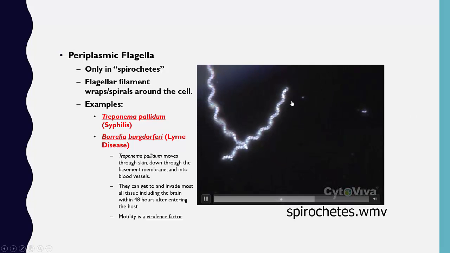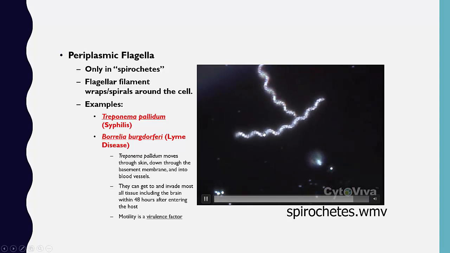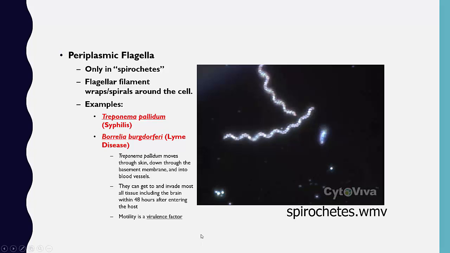Now, here's a close-up view, and you can see how the periplasmic flagella are wrapped inside, and you can see how it just spirals. It's actually one flagellum on one side, one on the other, and they wrap, and they meet in the middle, and they move a little bit like actin myosin filaments. Okay, very interesting. I love that video.